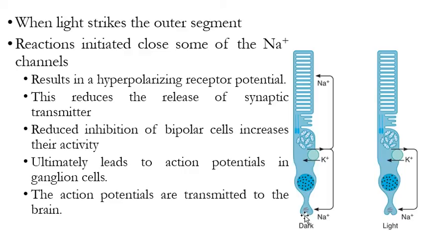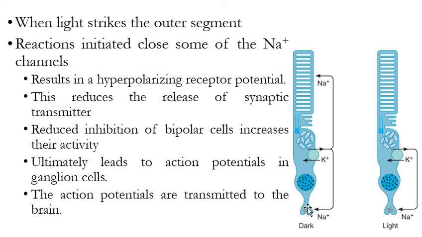Now, the fact that there was an amount of positivity occurring was leading into a release of neurotransmitters at the synaptic junction. But because of this hyperpolarization, that is stopped.